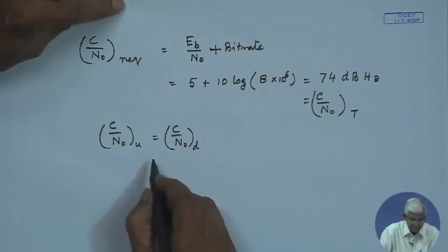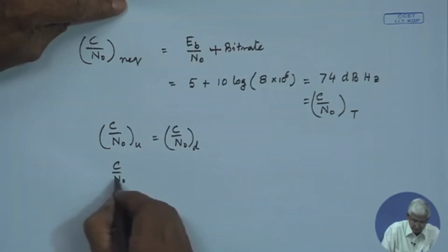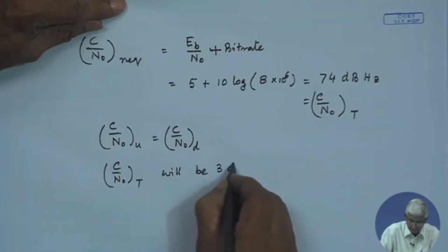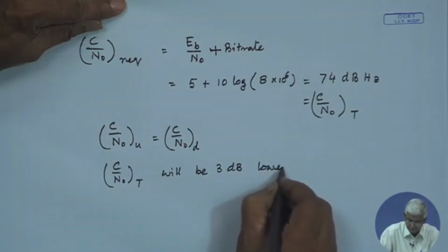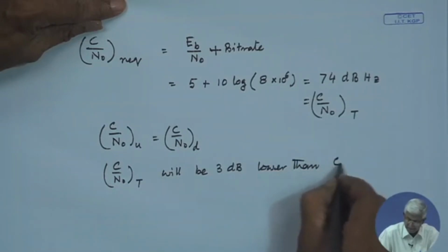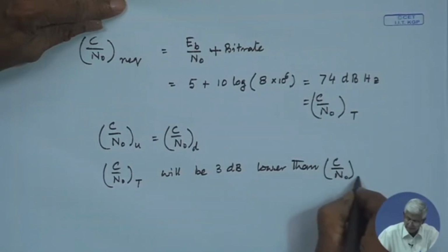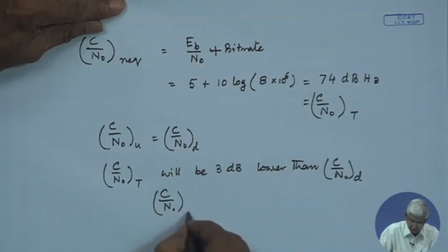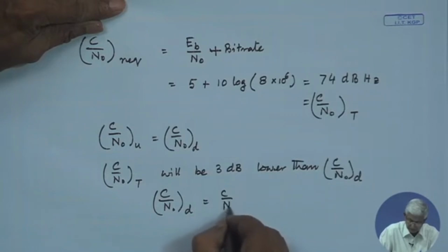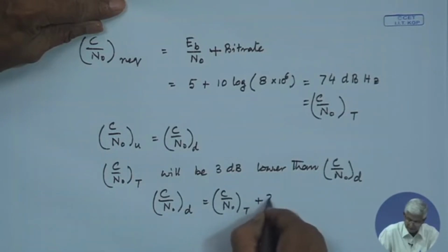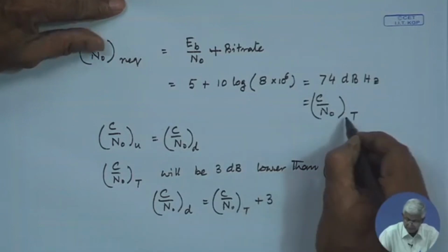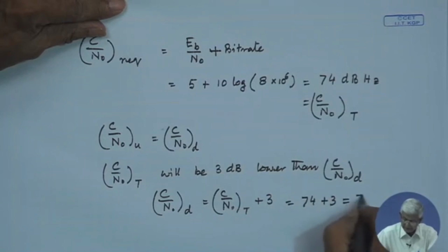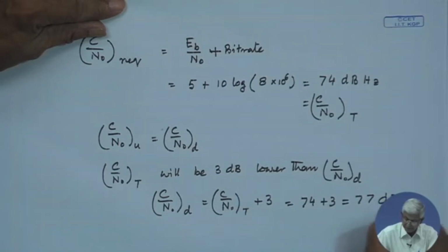If they are same, then C by N naught total will be 3 dB lower than any one of them. So C by N naught down is C by N naught total plus 3 dB. Therefore C by N naught down is 74 plus 3, which is 77 dB hertz.